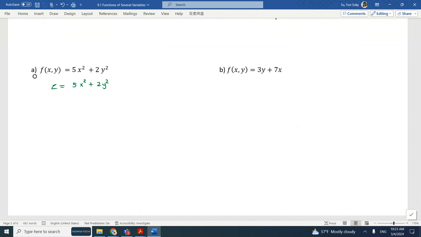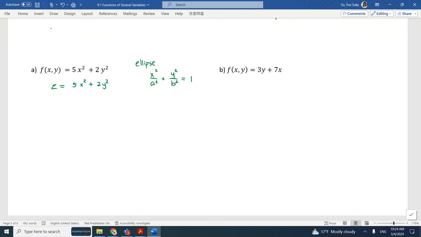Okay, if you see x squared plus y squared, we know it's a circle. But what if the coefficients of x squared and y squared are not the same? This corresponds to an ellipse. Okay. So the standard form of an ellipse is x squared over a squared plus y squared over b squared equals 1.